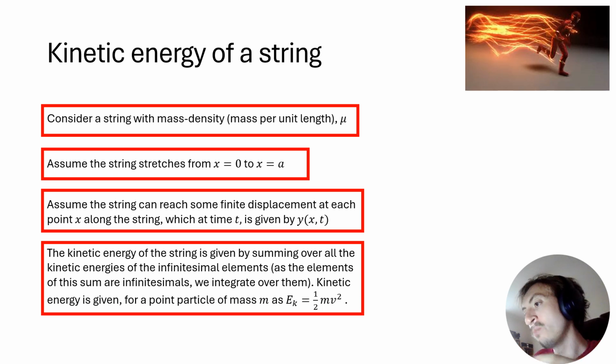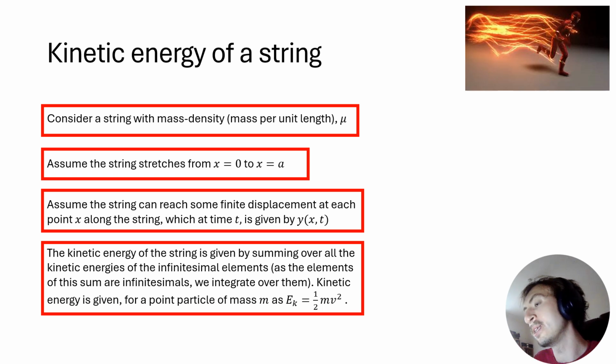And so now we come on to our first mathematically tricky bit of physics, which is how to calculate the kinetic energy of a string. The challenge is that we're very familiar with calculating kinetic energy of point particles, that is, objects which we can at least mathematically model as if they have no volume or size at all, and just exist at a single point in space.